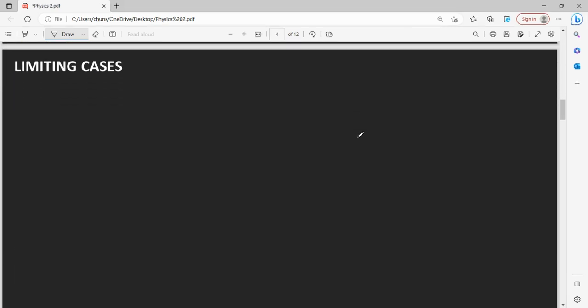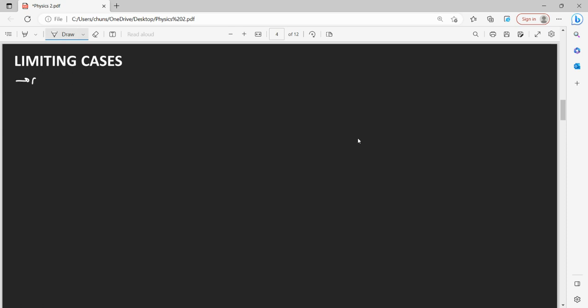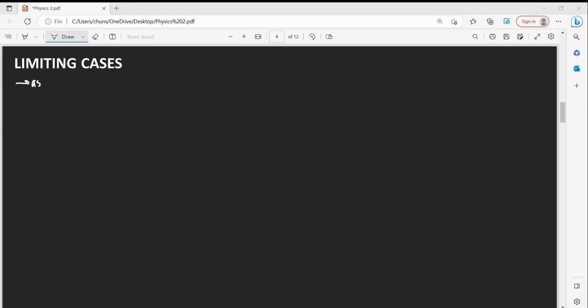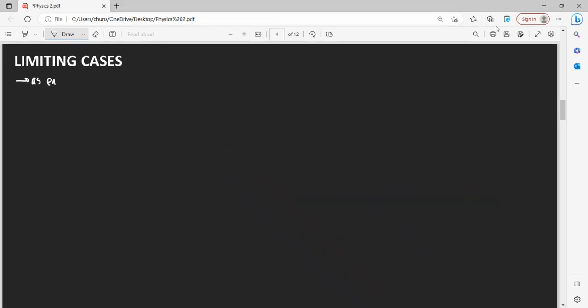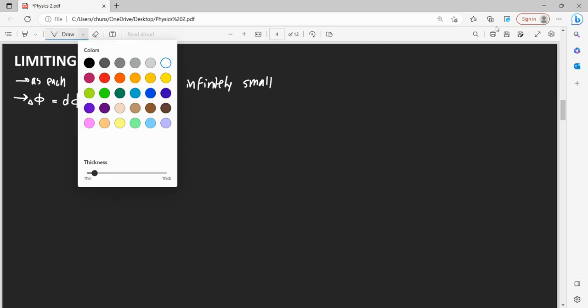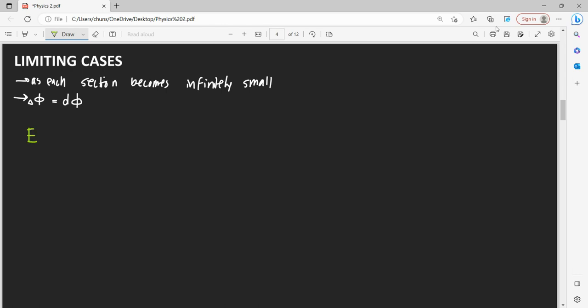So for a limiting case for our ring, as each section becomes infinitely small, we treat our change in phi as the derivative of phi.